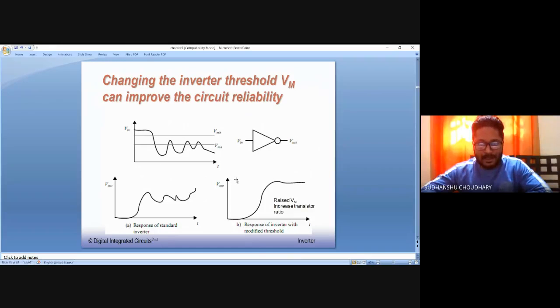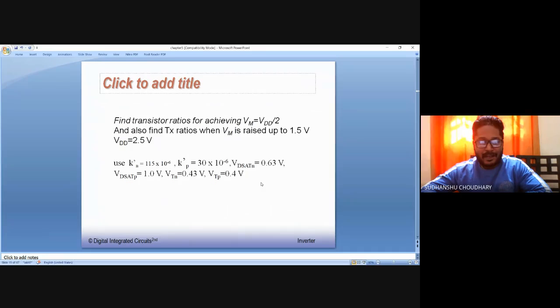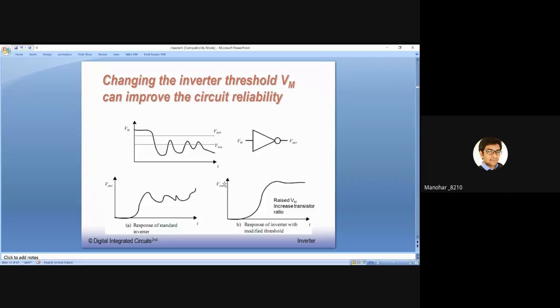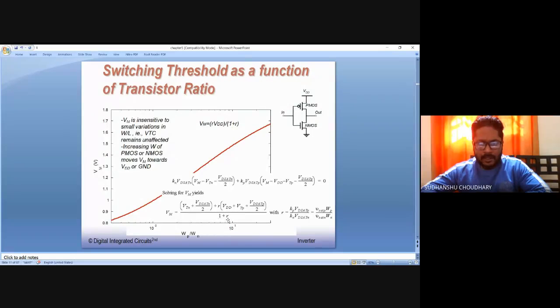I don't know which R you are talking about, but the R which I am seeing is R equivalent P by N. So that is obviously dependent on W. In fact, all resistances that are related to the calculation of the switching threshold VM, we are getting this R.